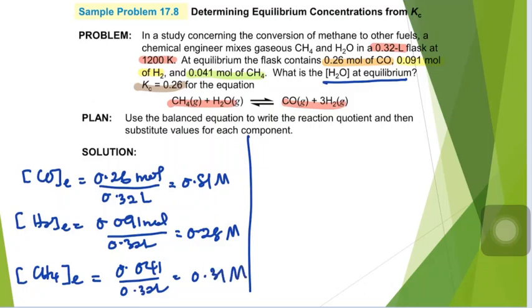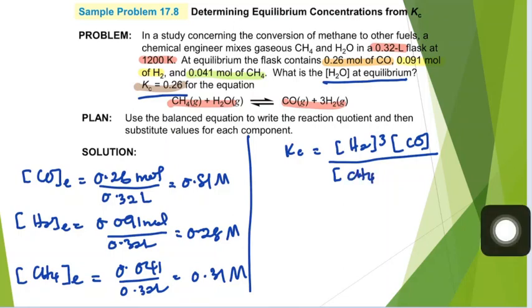Okay, now we have to use the Kc expression. With the Kc value that is given, Kc is equal to H2 power of 3 multiplied by CO power of 1, over the concentration of CH4 power of 1 multiplied by the concentration of H2O power of 1.